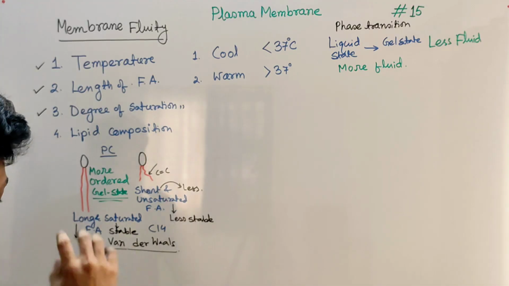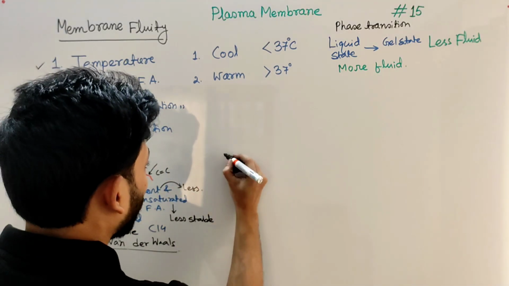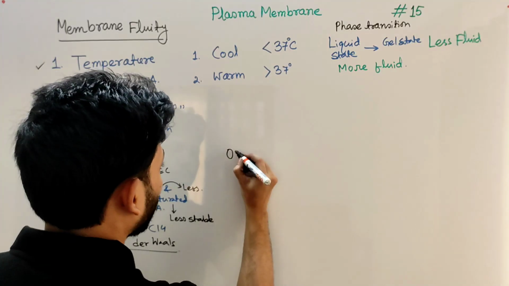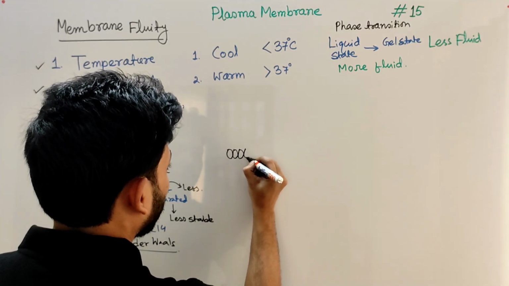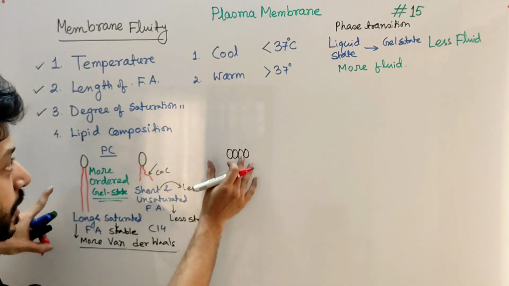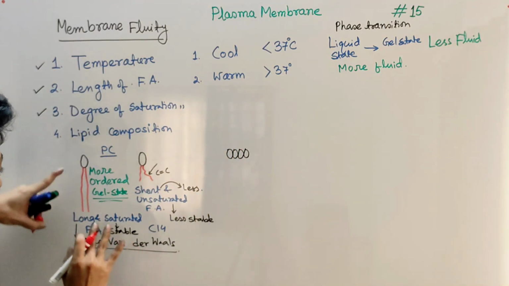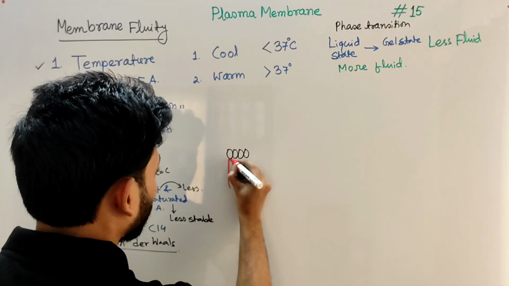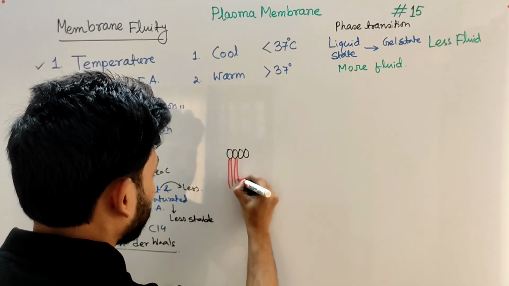Now I will show you here. Let's suppose these lipid molecules, there are more lipid molecules. Let's suppose I'm giving four examples. Let's suppose the lipid bilayer of the plasma membrane is made up of this type of fatty acid containing lipids. So this will look like this.